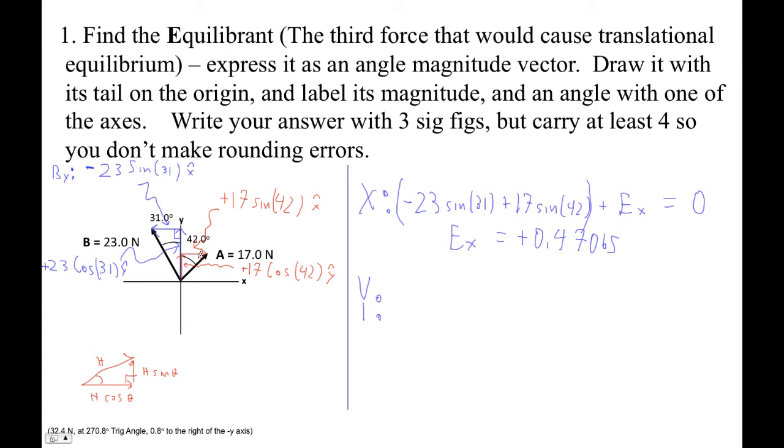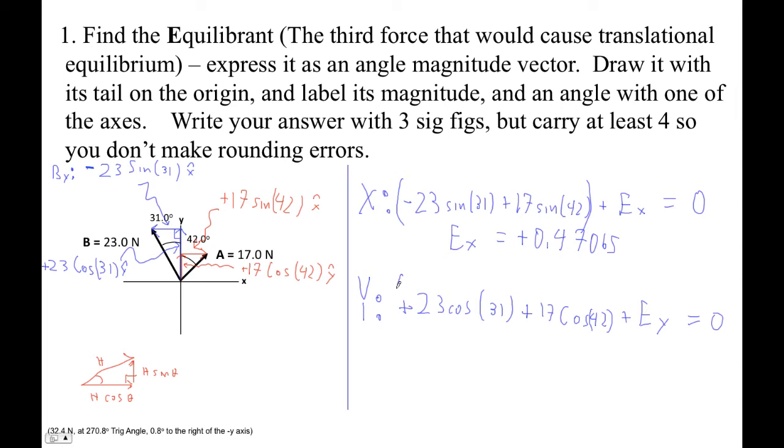In the y direction, we've got positive 23 cosine 31, and we've got this y component there, so positive 17 cosine 42, and then plus E in the y direction, that's got to add to 0. Well, these are clearly positive components. If they don't come out positive, you're in radians, by the way. Those are clearly positive components, so this has to turn out negative.